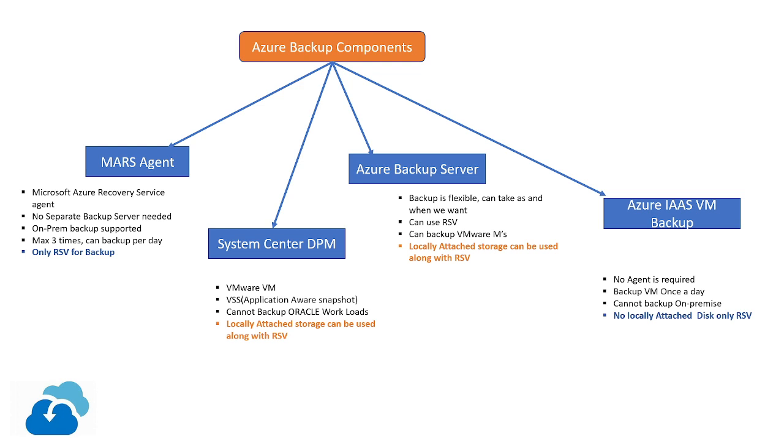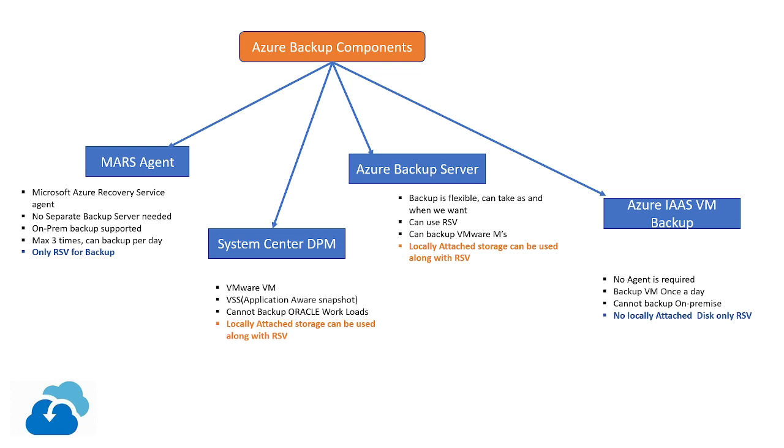Then the last one is Azure IaaS VM backup. For the first three, you need to install an agent. But for the Azure IaaS VM backup, you don't need to install an agent. You just have to onboard. I'll show you maybe tomorrow. No agent is required in order to take the backup of the virtual machines. This backup can be taken once a day.